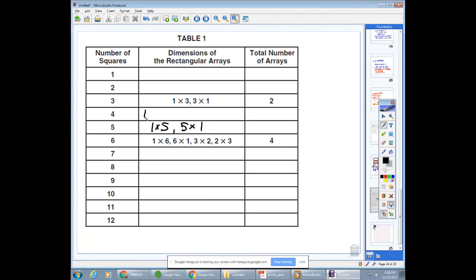For 4, I had 1 by 4, 2 by 2, if I put them in order, and 4 by 1. 2 would just be 1 by 2 or a 2 by 1. 1 would be a 1 by 1. And then let's keep going. 7, 1 by 7, or 7 by 1. What about 8? Let's see. 1 by 8.